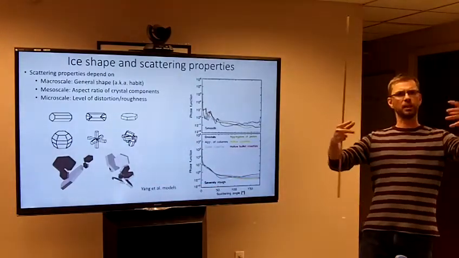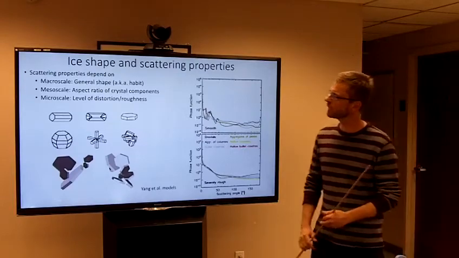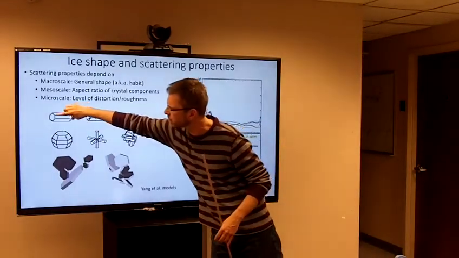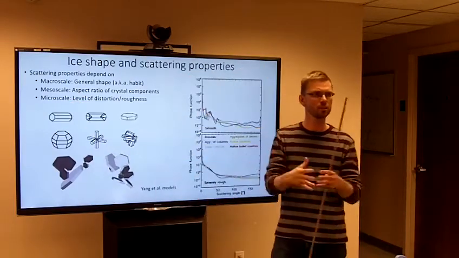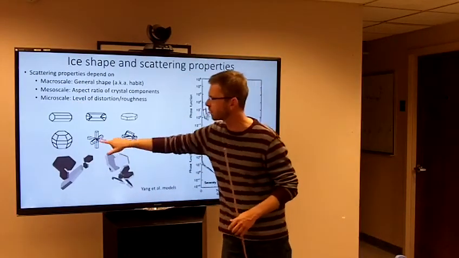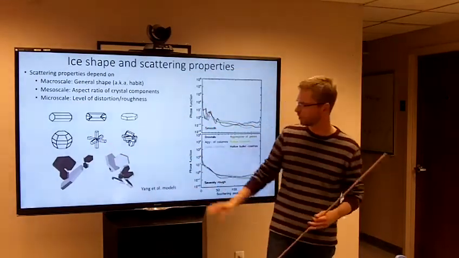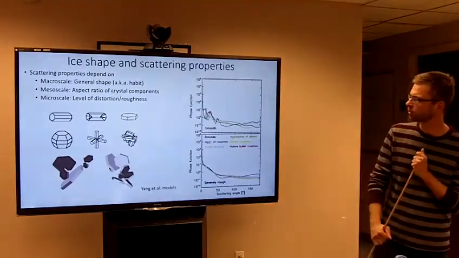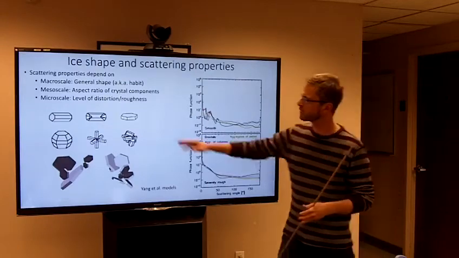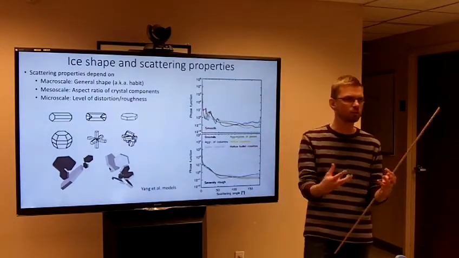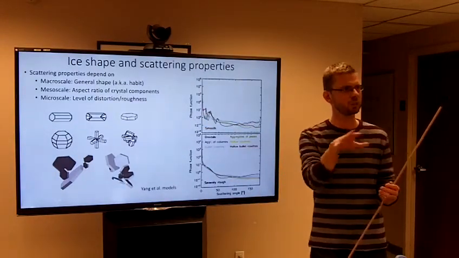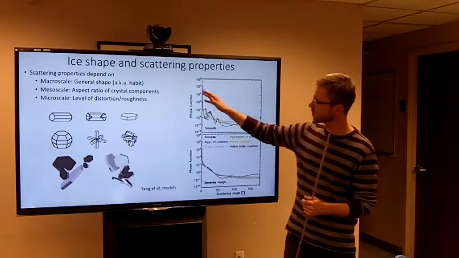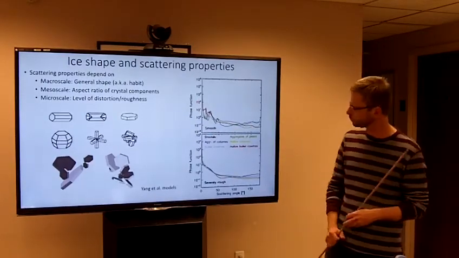That's the largest scale. And then there's the mesoscale, which is really the aspect ratio. So how long this column is, or how long the arms of the bullets are, or how flat the parts of the aggregate of plates are. And then there's the microscale, which is this distortion or roughness structures that are on the crystal.